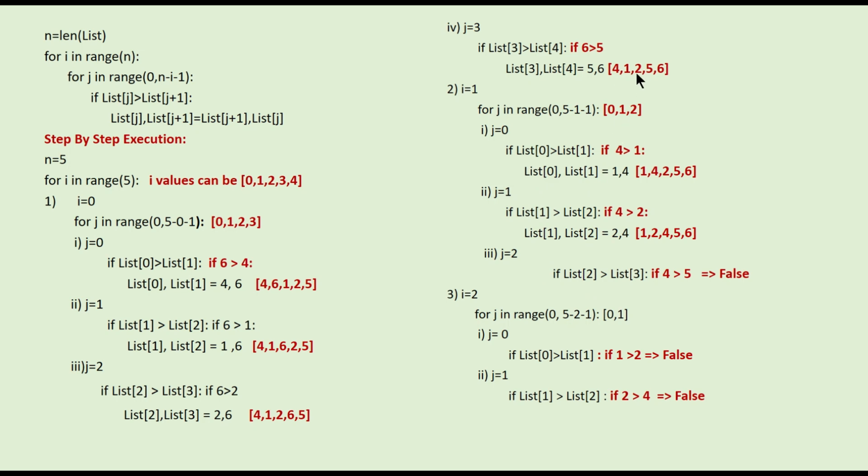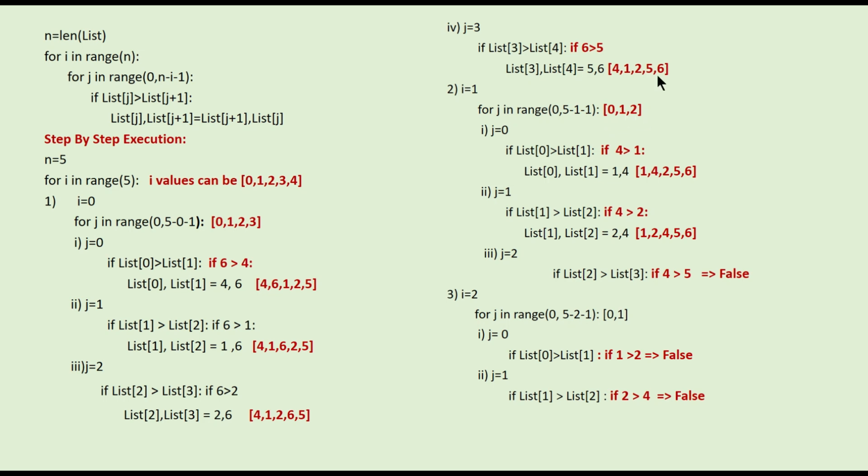So in the earlier loop, there were 5 unsorted values, so we had 4 comparisons. That is, the j values generated are 4. Here in the second iteration, the j values are 0 comma 1 comma 2, only 3 values.